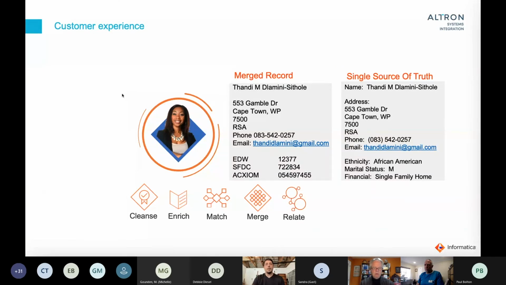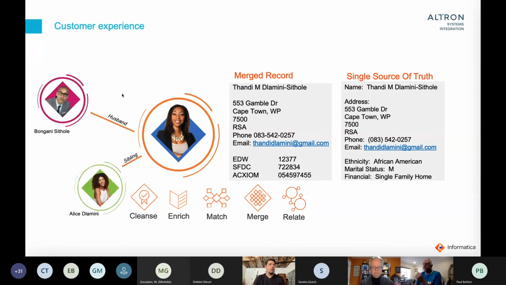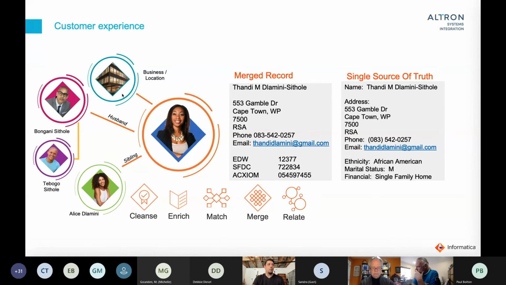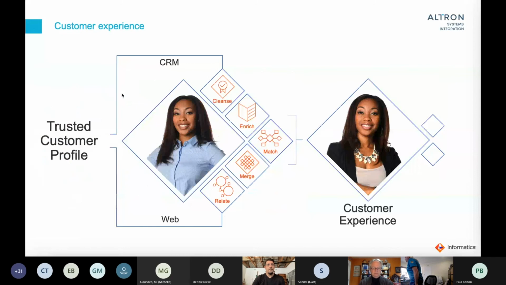Once you have that, you can discover additional things about this record, in this case a person: who's related to her, husband, sibling, location information, some once or twice removed relationships, like Tebogo Sithole here, who is maybe not directly related, but there is a link there through Bongani Sithole and so on.